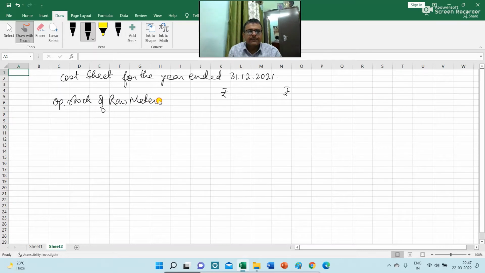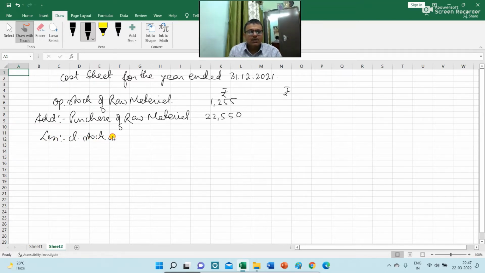This is given as 1255, and purchase of raw material. This is the purchase value of raw material, 22,550, less closing stock of raw material, this is 1091.